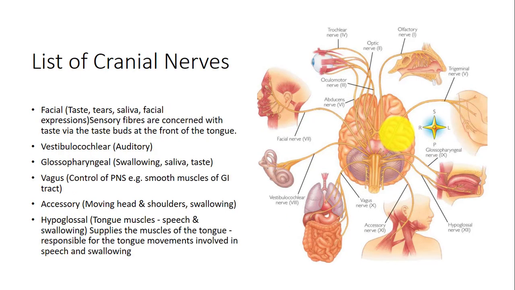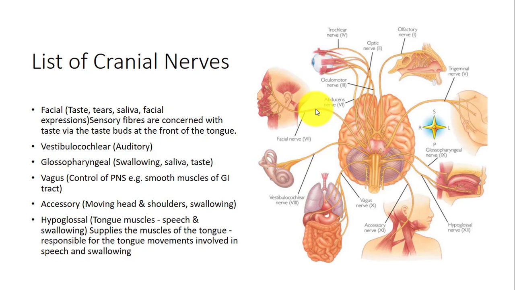The next list of cranial nerves starts with the facial nerve. If you go over here, this is the facial nerve right here. This is number 7. See this face right here. This nerve is involved with taste, tears, saliva, and facial expression.